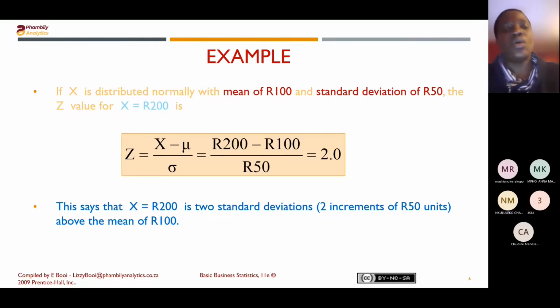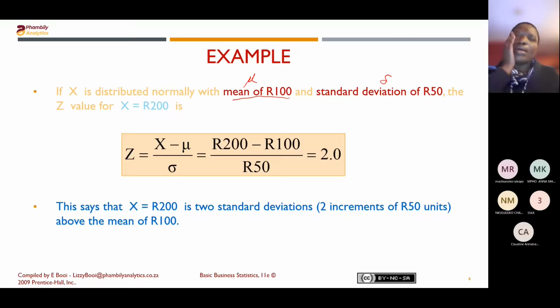So we substitute into our Z-score formula our population mean of 100 and our standard deviation of 50. Our X is given in the question: 200. So 200 minus the mean of 100, divided by the standard deviation, and we find that it is 2.0.